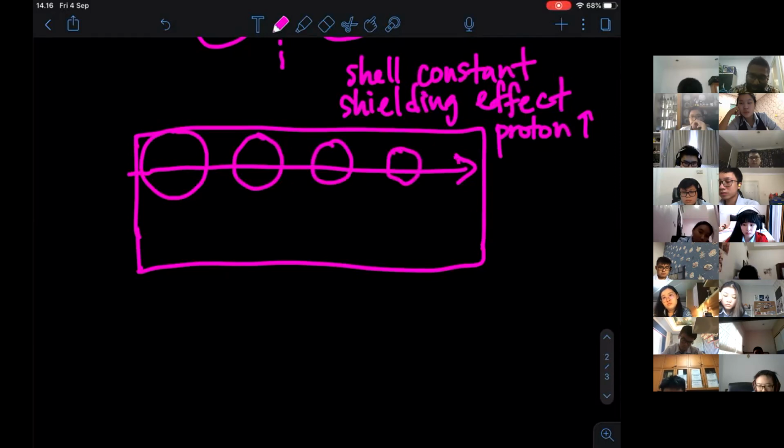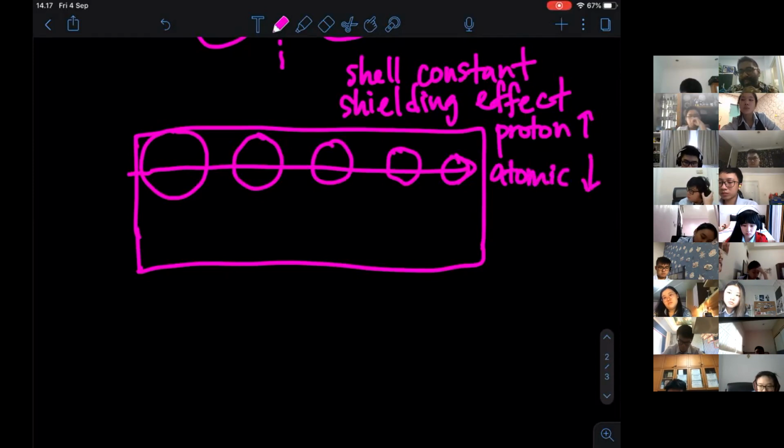It becomes smaller and smaller. Why? I already wrote the reason. The shell remains constant, the shielding effect remains constant, the number of protons increases, the nuclear charge is more. It means they will pull the electrons closer to itself. So we can say the atomic radius is going to be decreasing.